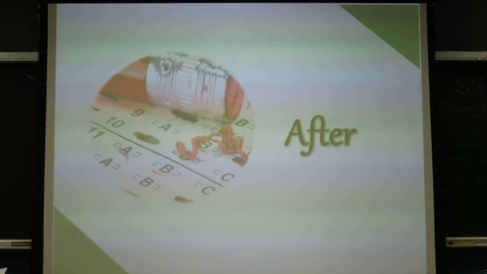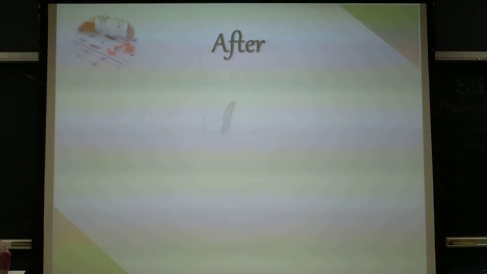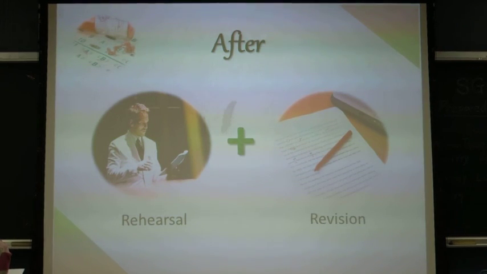Now what about after we finished writing our script? There are only two things in my mind after I write a script. Rehearsal plus revision. Because during our rehearsal, we'll find something awkward in our draft that might be hard for us to pronounce or memorize.